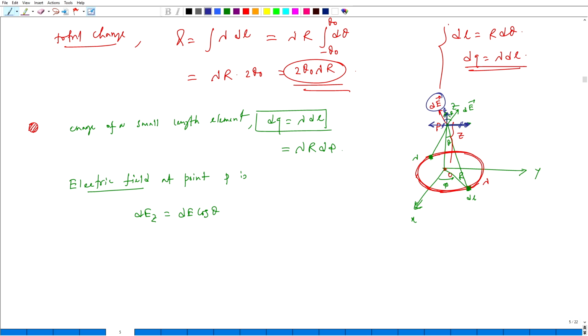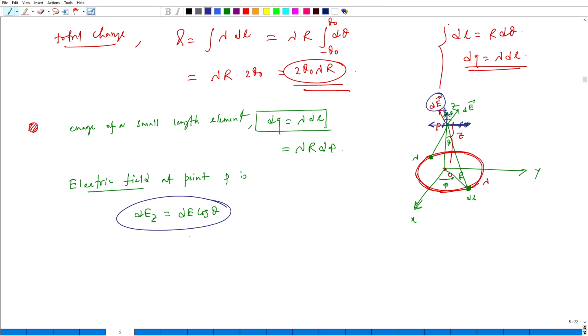Similarly, if we project in the xz plane, the x component again cancels. That is the symmetry point, the ring symmetry. So the only one left is the z component, and this one becomes this, okay.